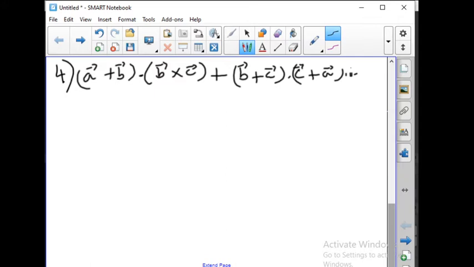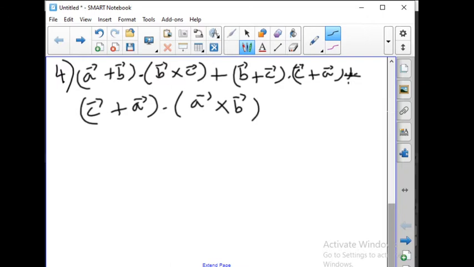cross A vector) plus (C vector plus A vector) dot (A vector cross B vector).